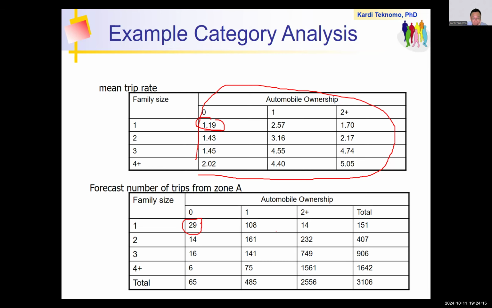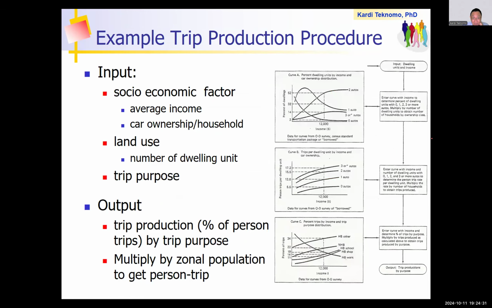So this is another technique to get the estimation. If you know the trip rate, then you can get this. Another idea is to check the socioeconomic factor, land use, and trip purpose, and then put it into this kind of chart.